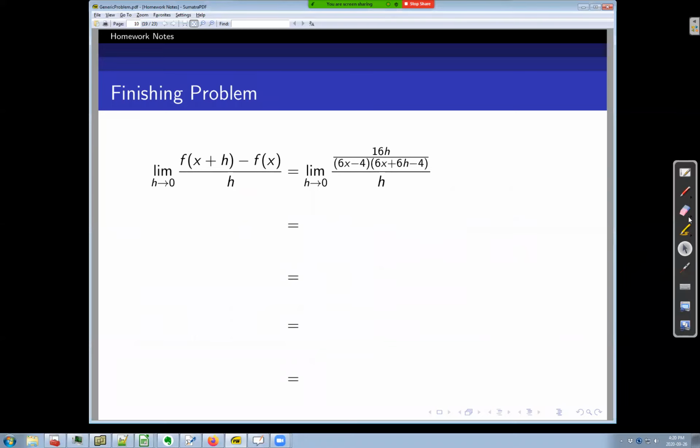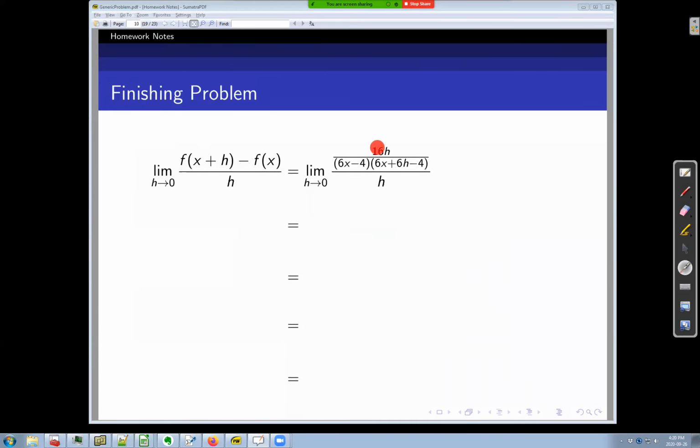Okay, so there it is. There's the definition of the derivative, and now I've replaced the f of x plus h minus f of x with that terrible fraction. But it's better than it was.